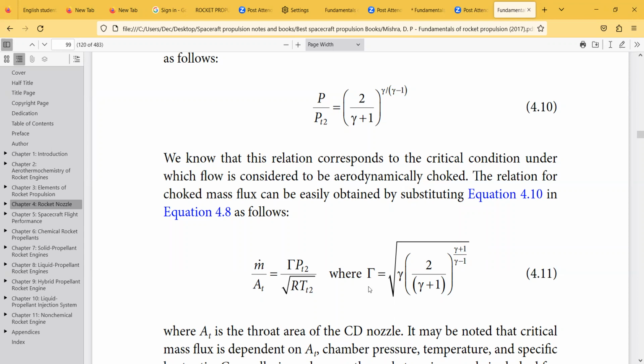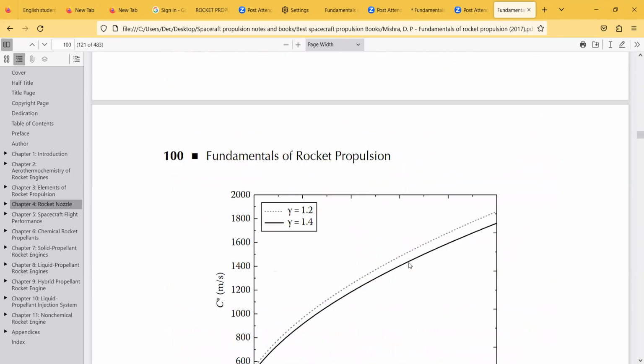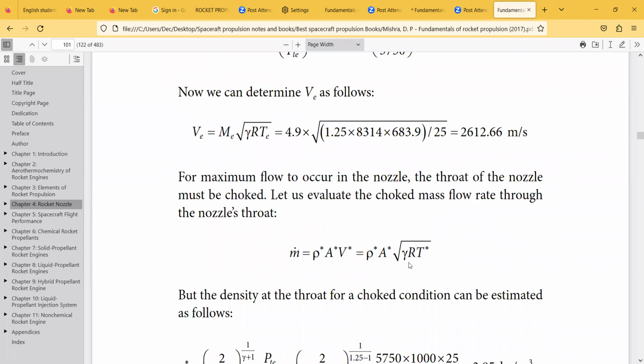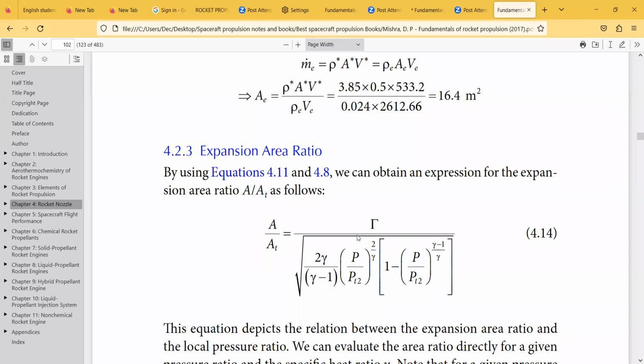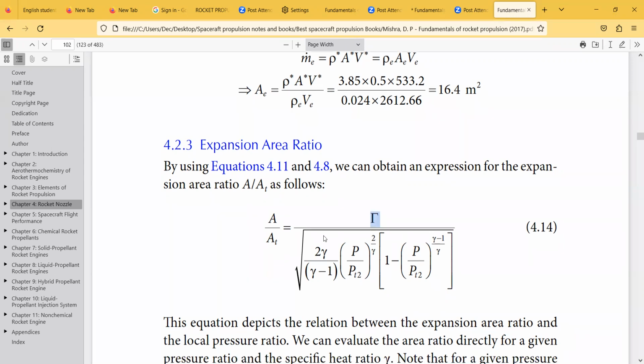So we have to understand this formula of the symbol. I don't know exactly the name of this symbol, but you can put that formula here, and then this is the area ratio.